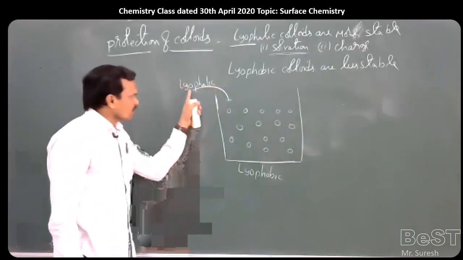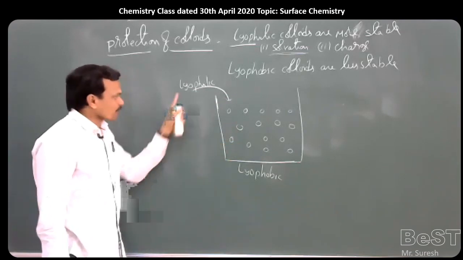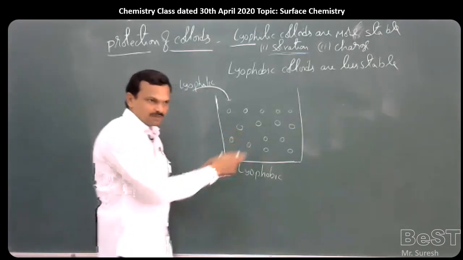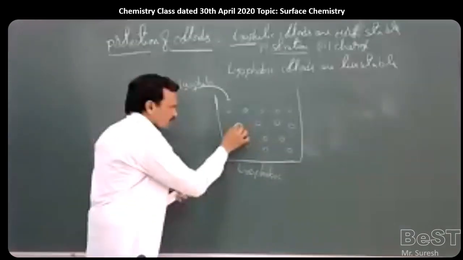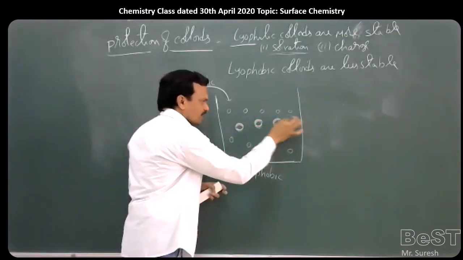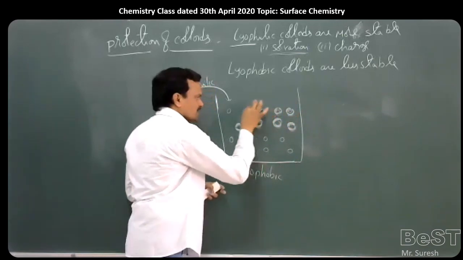Whenever this lyophilic colloid is added in small amounts, it forms a protective film at the interface of colloidal particles and the dispersion medium. That means over the surface of these colloidal particles, this lyophilic colloid can form a protective film, a thin layer of lyophilic colloid on the surface.